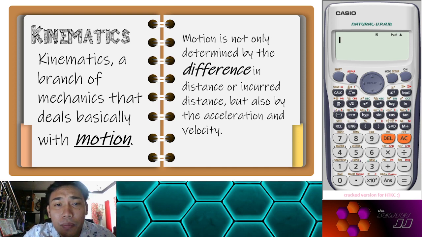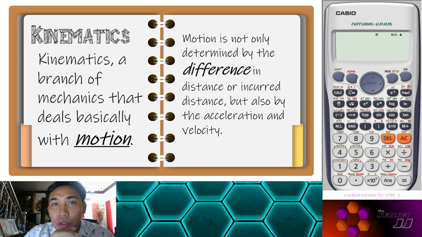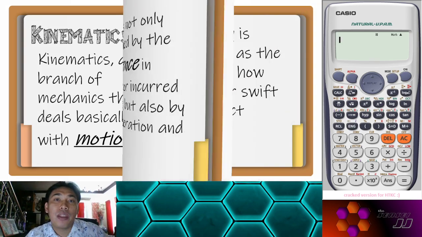So when we talk about motion, an object will always change its position. Not just having a distance, but also having an acceleration and velocity.